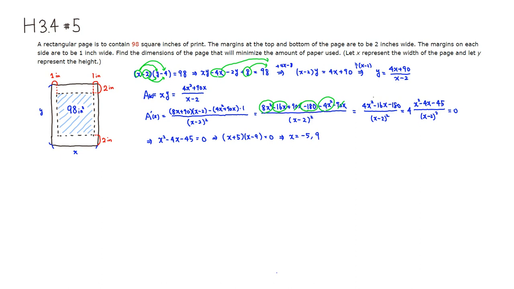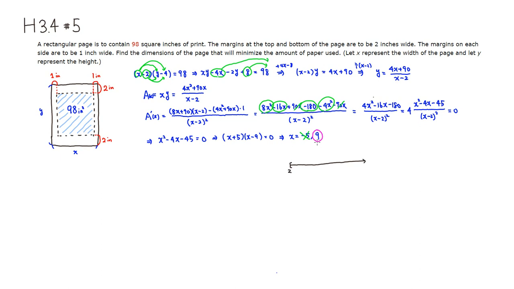Since we're talking about x as a length, we cannot really take a negative value, so negative 5 is out of the way. So we have one critical number, which is 9. Let's make sure that we're going to get the minimum value there by looking at the interval. x is at least 2, because you have 2 inches of margin, so starting from 2.